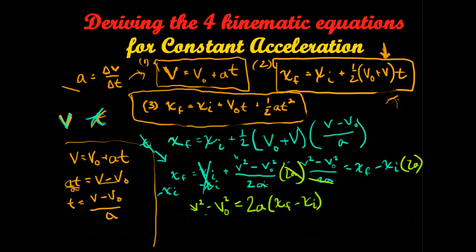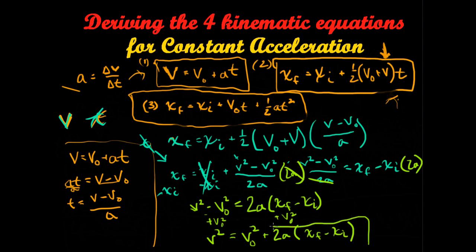And alright, so all we have to do from here is add the initial velocity squared to each side, and we get the final velocity squared is equal to the initial velocity squared plus 2a times the final position minus the initial position. Alright, and this is the fourth kinematic equation.